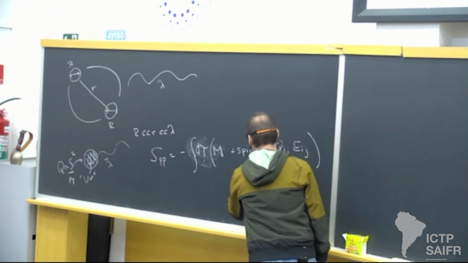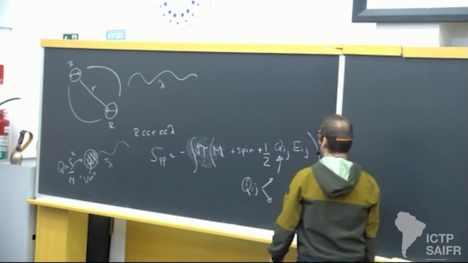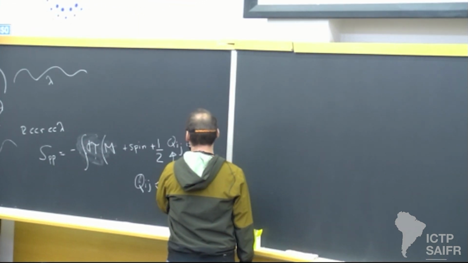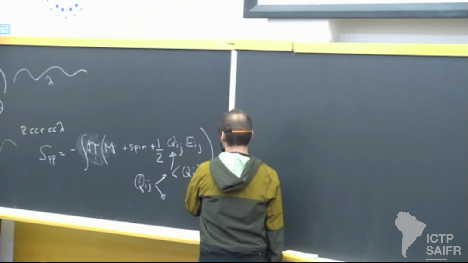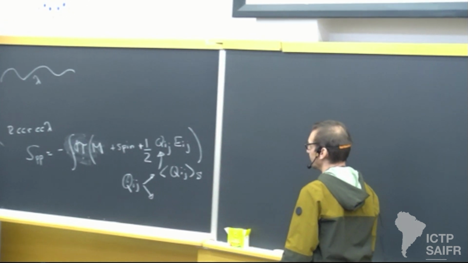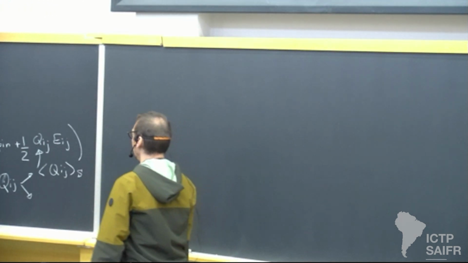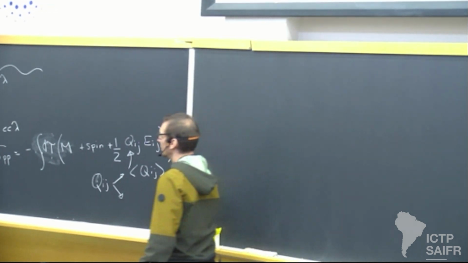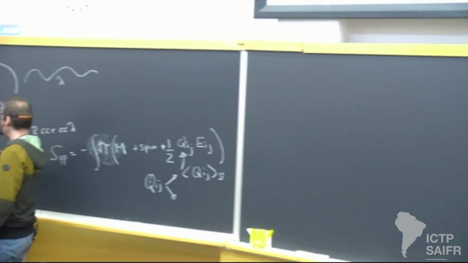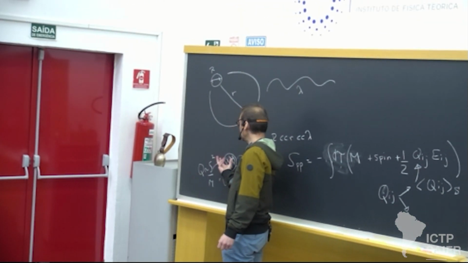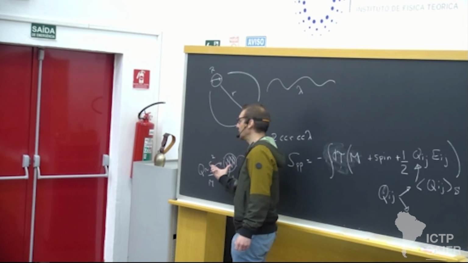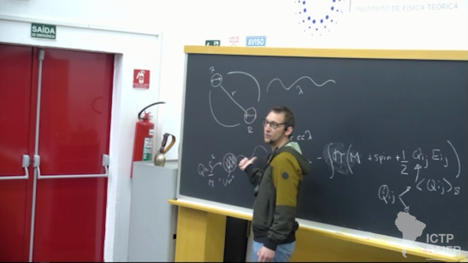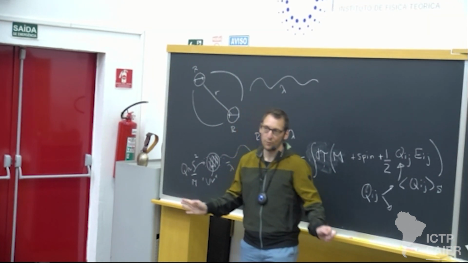And therefore, this could have a non-zero background on the short modes. So all the physics here gives you some quadrupole moment, which does not depend on the existence of the perturbation. It's just a property of the object.